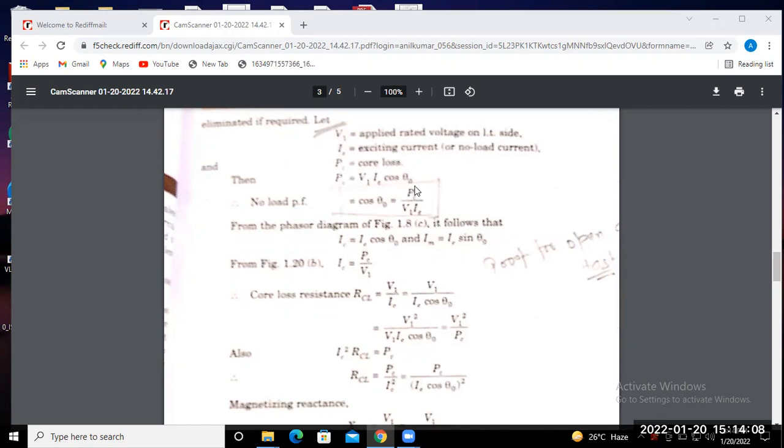Okay, so PC, that means core loss, you can obtain from the wattmeter reading, and applied voltage from the voltmeter and no load current from the ammeter. So whatever readings you note down, just put them here and find out the no load power factor, that means cos theta 0.